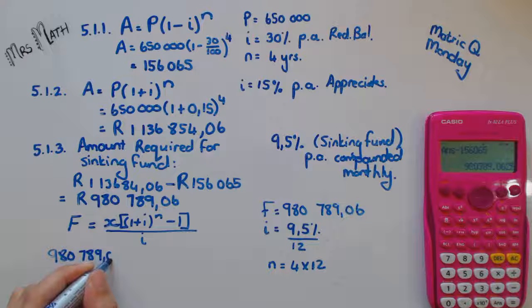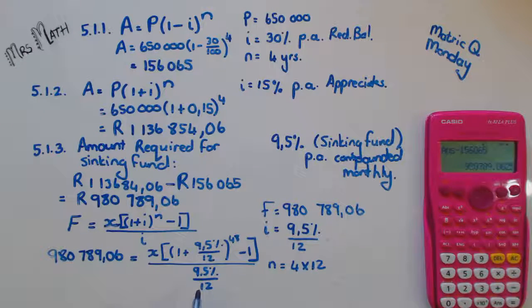Okay, and still remember that the 9.5% is not 9.5, it must be divided by 100 still. So either you can write it as 0,095, let's do that, or you can write it over 100, but then to put this in your calculator with over 100 over 12 is just ridiculous.